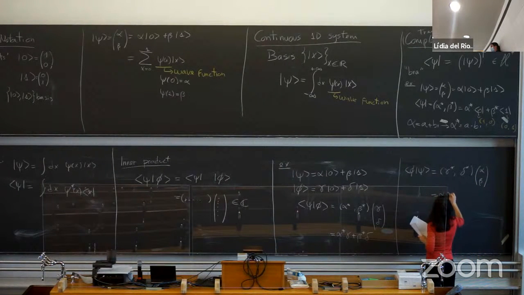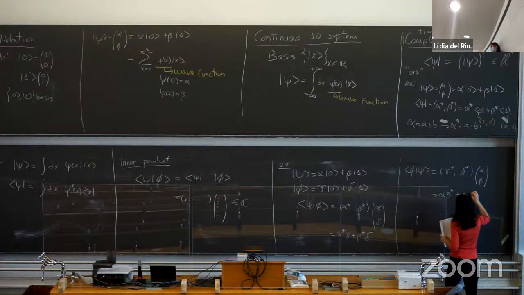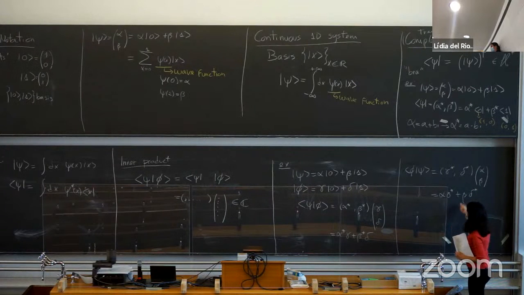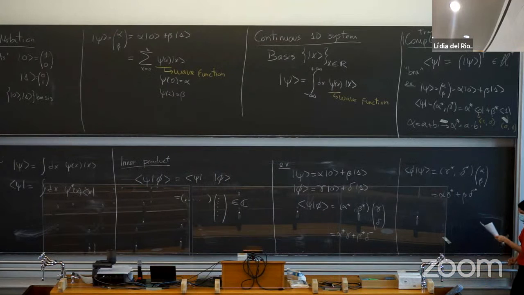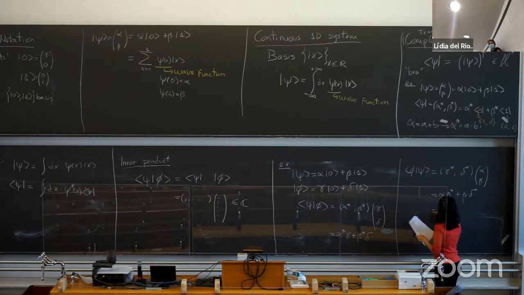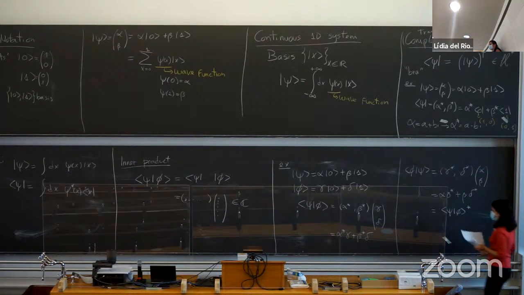That's gamma star alpha plus delta star beta. But that's just the complex conjugate of this, right? We just swap the stars in all the numbers. It's this number, but the complex conjugate.